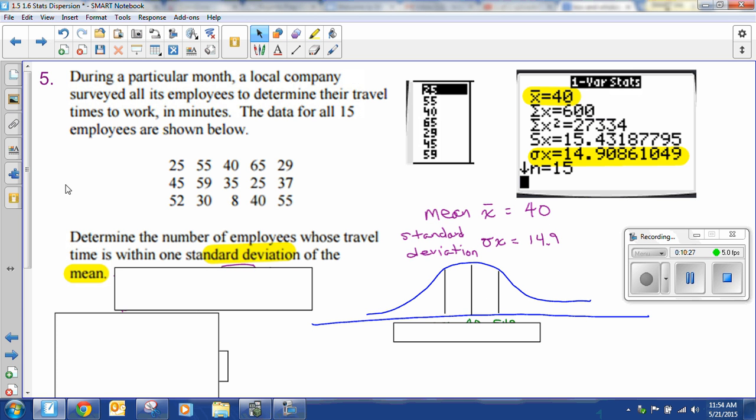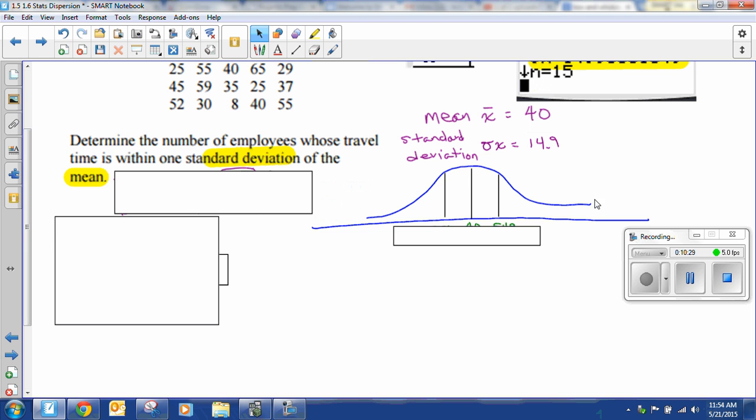Now, here is my normal curve. And if you recall, the very center is the median, or the mean. So the mean is 40. Now, one standard deviation above is 14.9 plus 40, which is 54.9. And one standard deviation below the mean is 40 minus 14.9, which is 25.1.